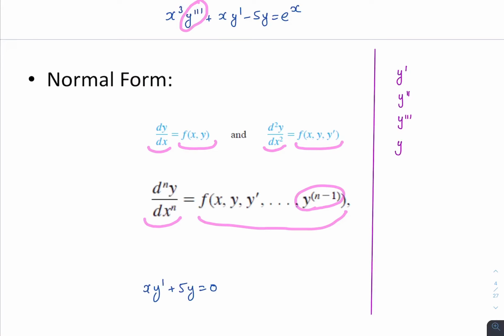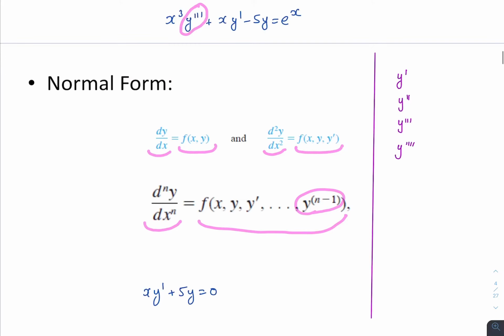This is the fourth derivative, and so on. But it becomes messy if I do 5, 6, and so on. So usually we write this as y in parentheses 4, and the fifth derivative would be y in parentheses 5. If I'm asking for the 2020th derivative, you write 2020. We don't want to put 2020 lines, that would be too much. So we write the derivative in this form.